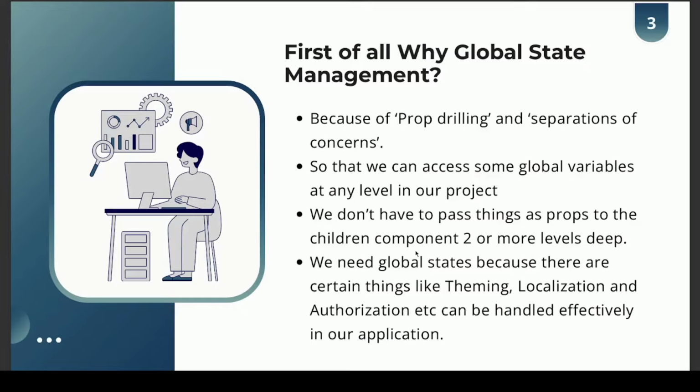So that we can access some global variables at any level in our project. This is a very big hurdle, to pass props at each level inside the components. So we don't have to pass things as props to the child component two or more levels deep. That's why we need global state. Because there are certain things like theming, localization, authorization, etc., these things can be handled effectively in our application.